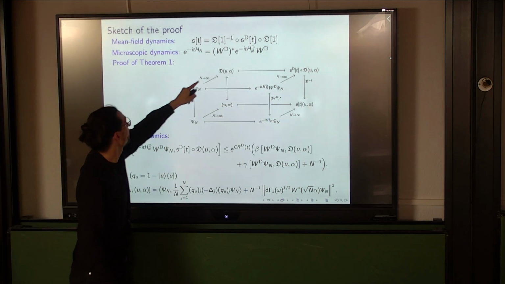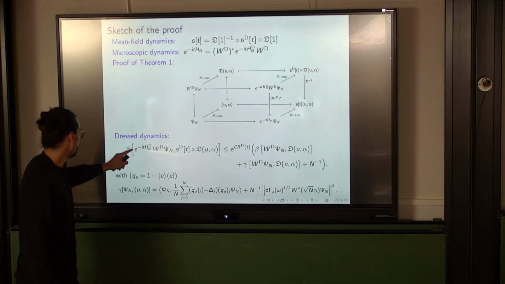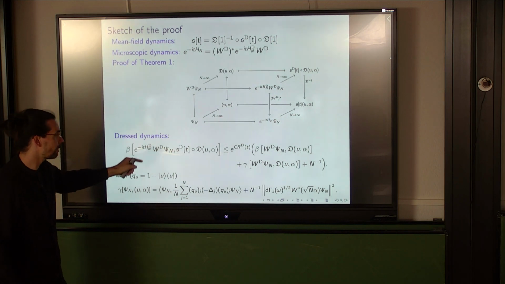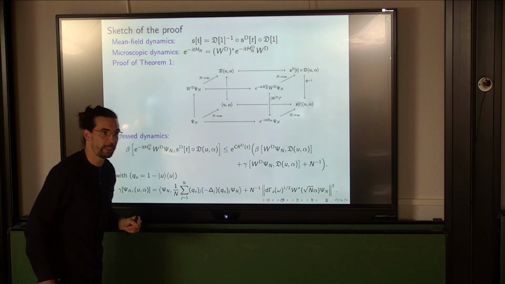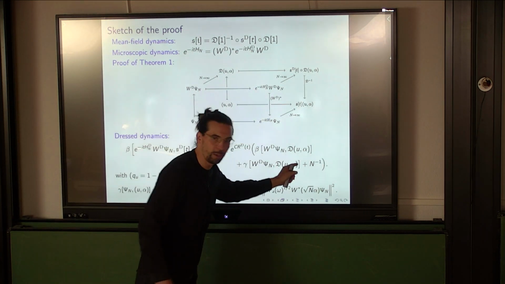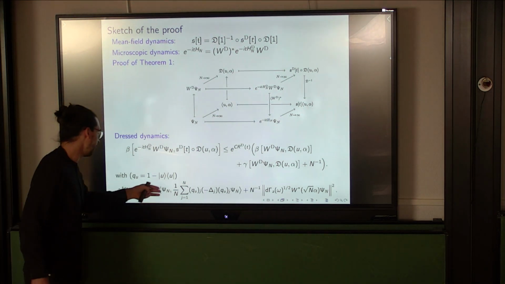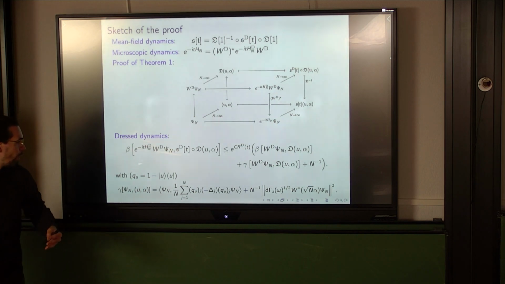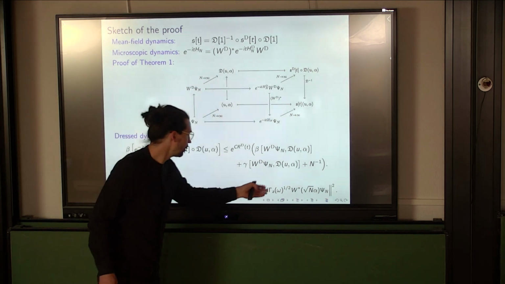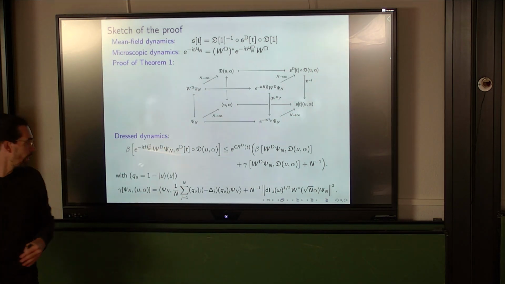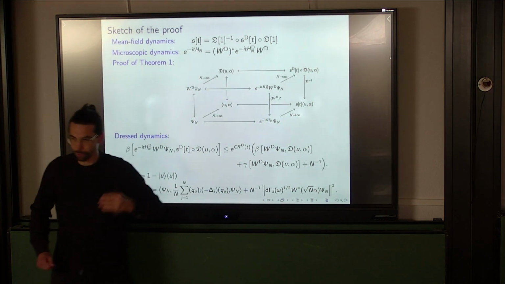And there we can derive a result which almost looks similar. So we start with this initial state, we evolve it, and then we see that in terms of this functional beta, we get an estimate with respect to beta with these initial states, but we also have a functional gamma. This functional gamma quantifies the kinetic energy of the particle excitations above the coherent state and the field energy of the excitations above the coherent state.